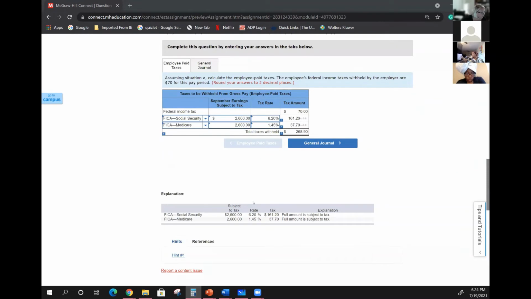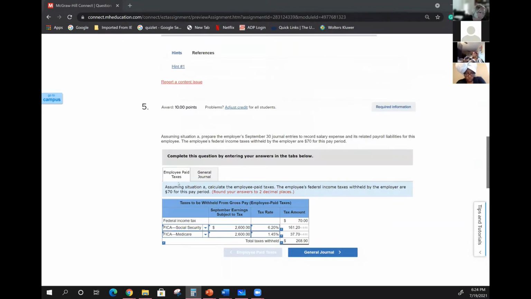Oh wait, I don't want to do the journal entry yet. I want to show the table. So we're doing FICA, Social Security, FICA, Medicare. We have the 2,600 on both, and here are the amounts. The employee federal income tax withheld, they're telling me, is $70.